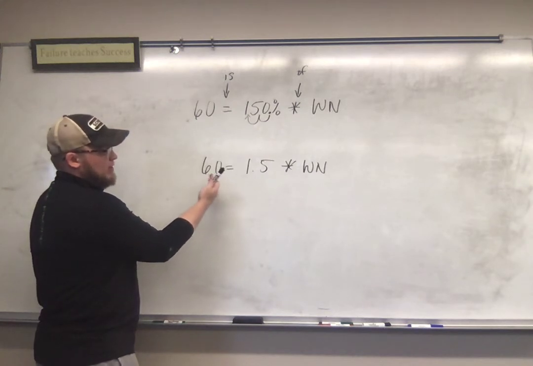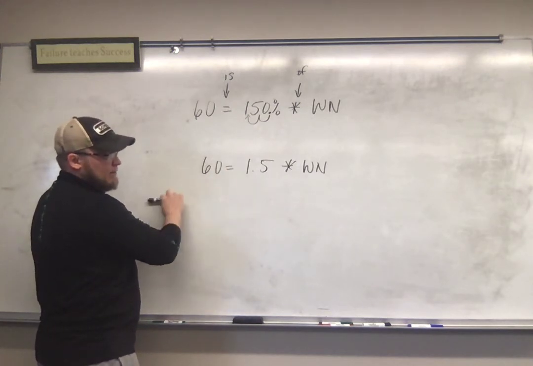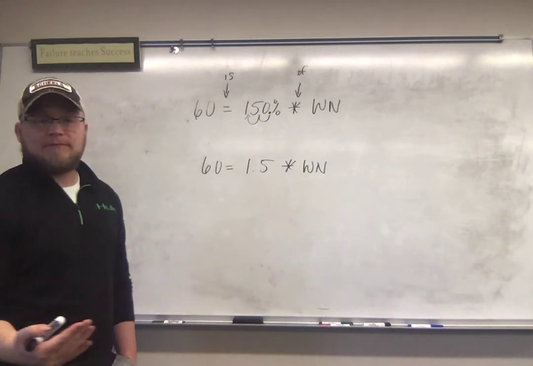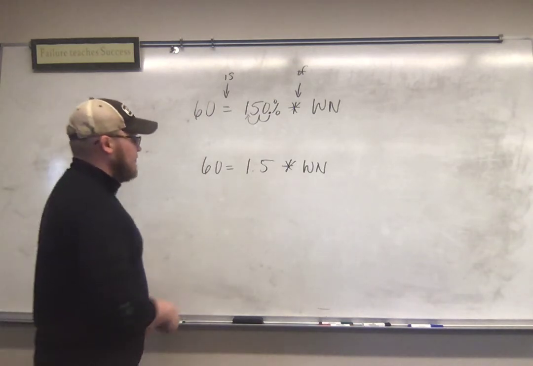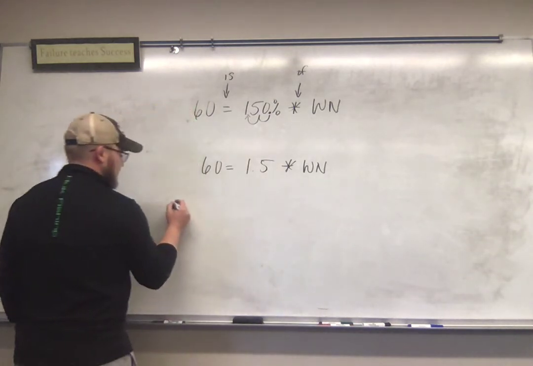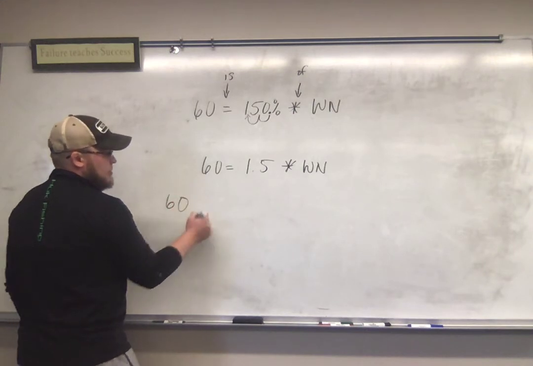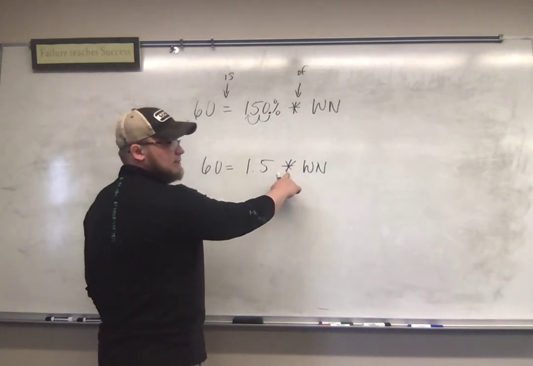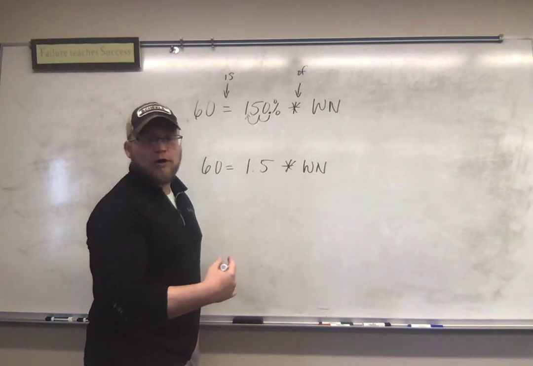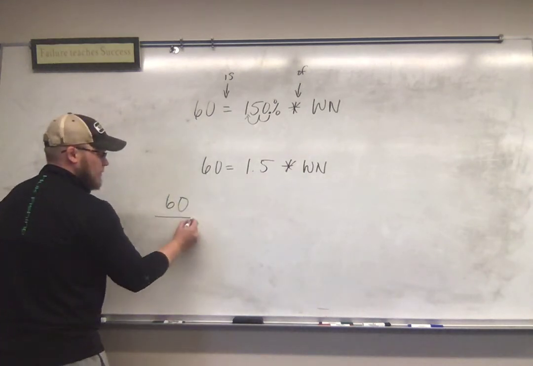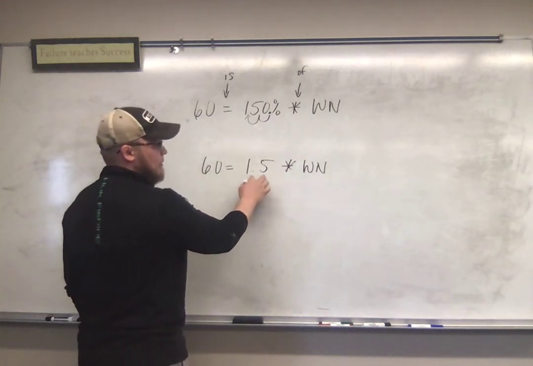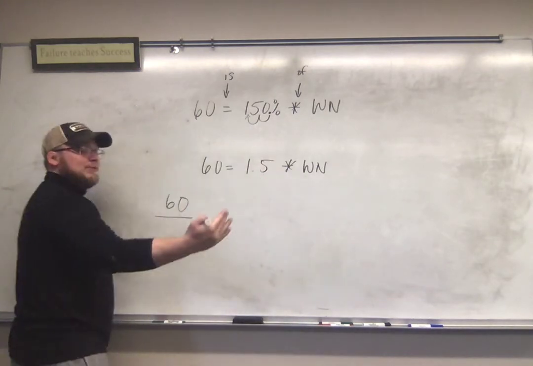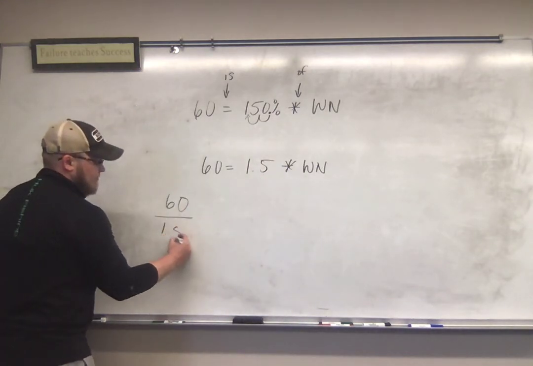There's nothing else with it. You still solve it the same. You start with the number by itself, 60. You do the opposite of what the sign says. The sign says times, so we're going to divide. And then you divide it by the number that you know on the opposite side, which happens to be 1.5.